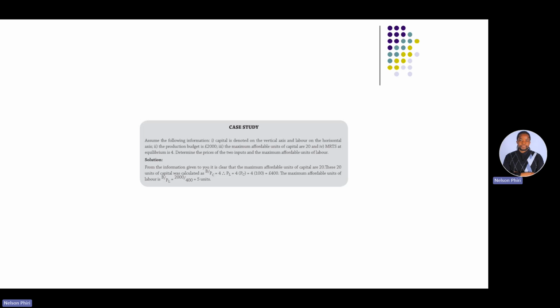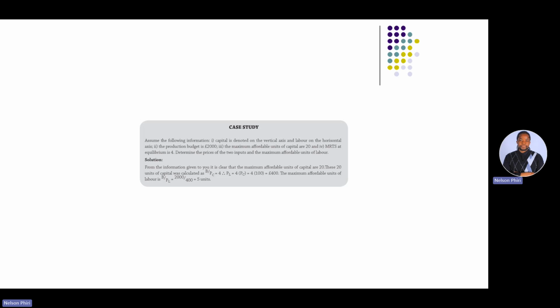We're given a budget of 2,000, and we are told that the maximum affordable units for capital are 20. You're told that the MRTS is equal to 4, so we're going to use that MRTS to calculate something very important for your labor.